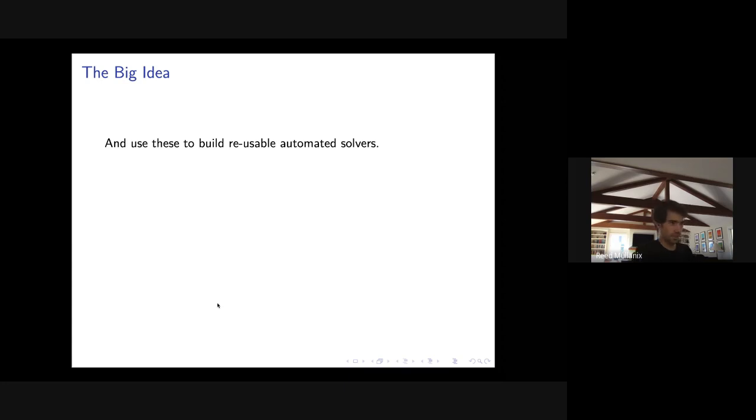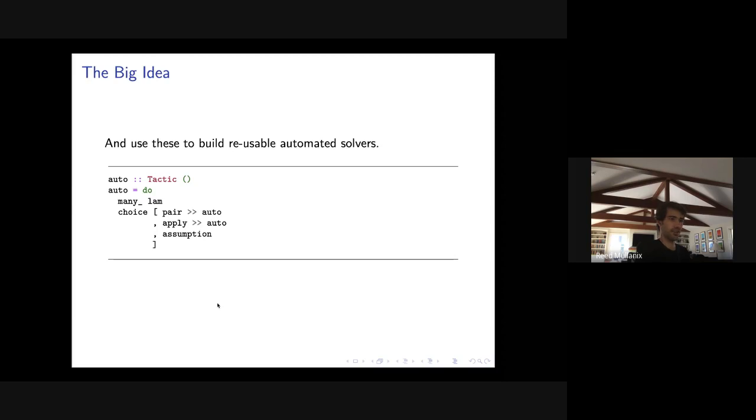Anyways, we can use these to build automated solvers, right? So here's a crappy little example that's in one of the test cases. To solve a problem, you just try applying the lambda tactic a bunch of times, and then you try and split it if it's a pair, or try applying some function and then recurse, or you just use some variable in scope.